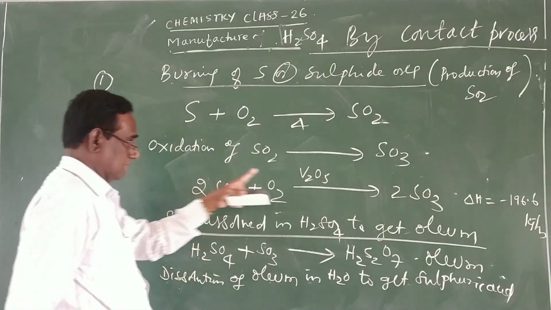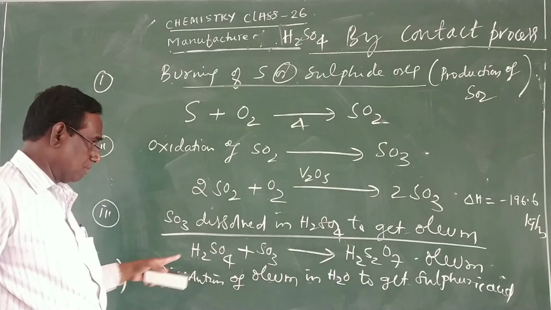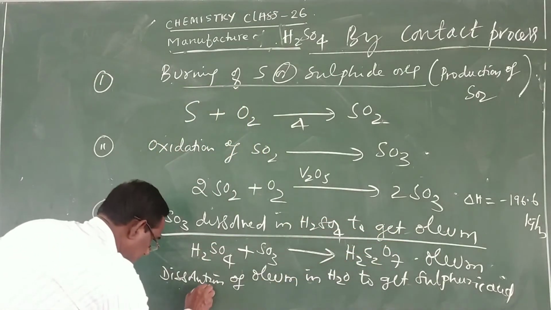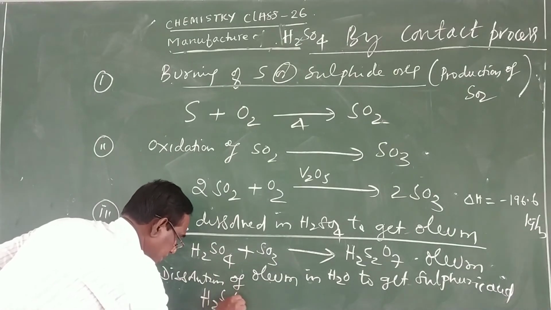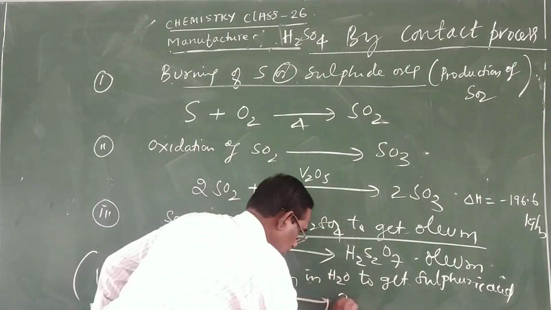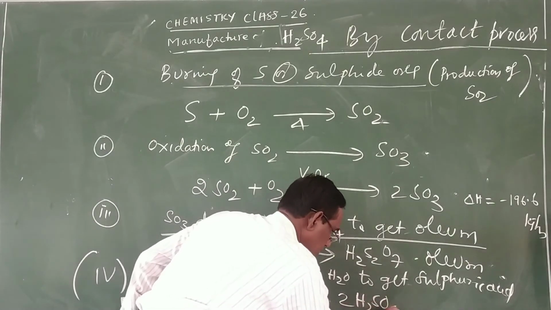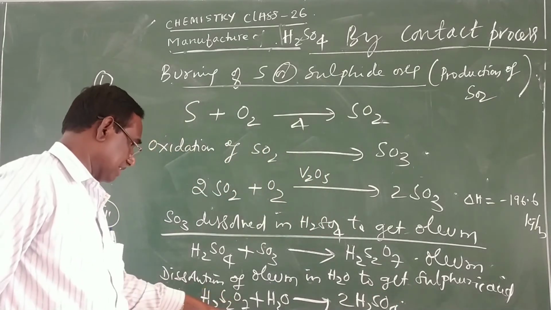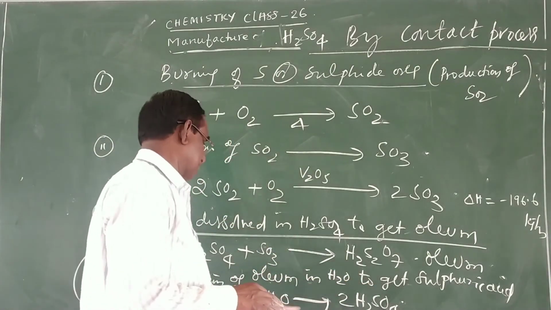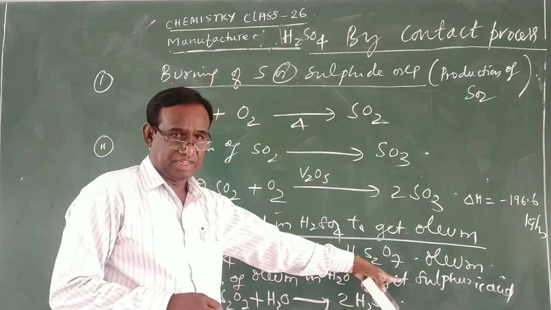In the second step, sulfur trioxide is obtained. In the third step, oleum is obtained. In the fourth step, this oleum, H2S2O7, is dissolved in water, H2O. You will get 2H2SO4. That is called sulfuric acid. So this is how we can manufacture sulfuric acid.